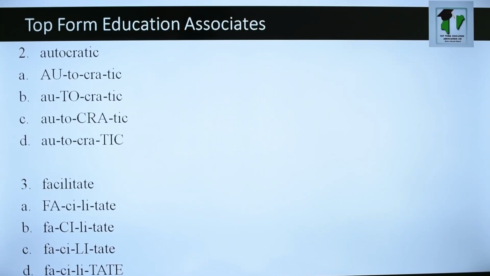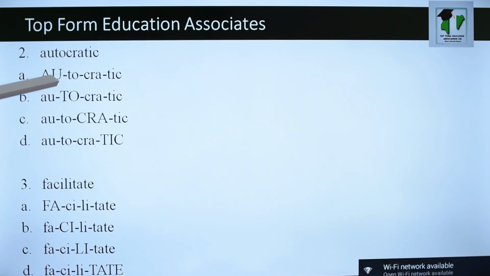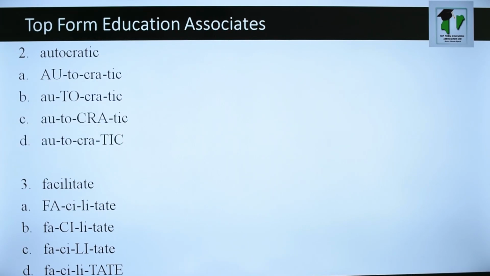How many syllables do we have there? We have 4. Autocratic, A-U-T-O-C-R-A-T-I-C. And when we looked at the rules, the stress is on the second, C-R-A.